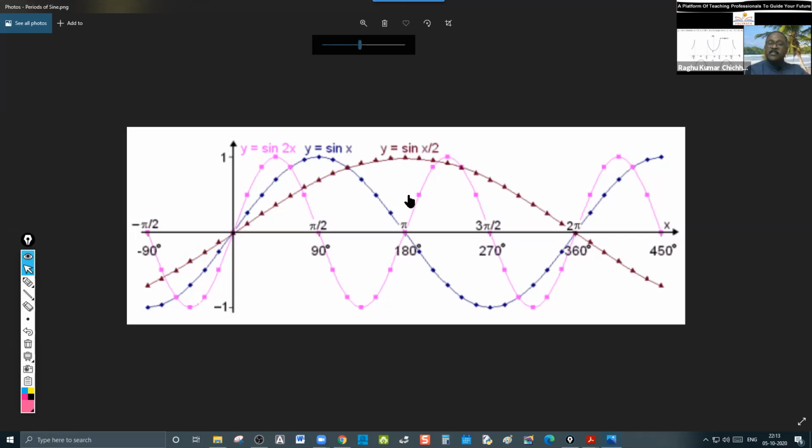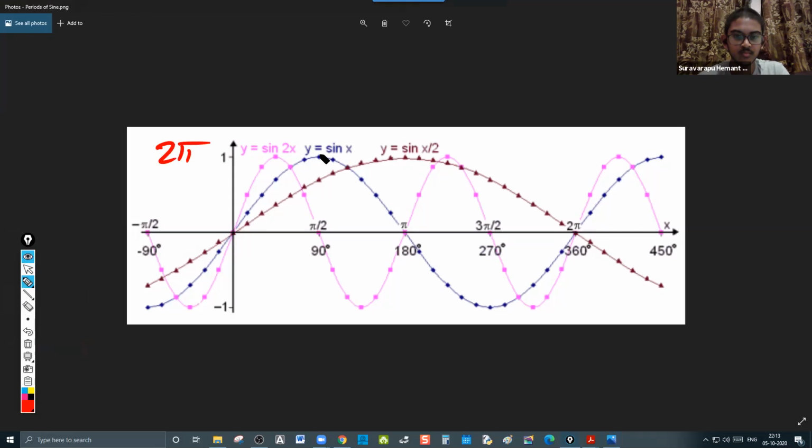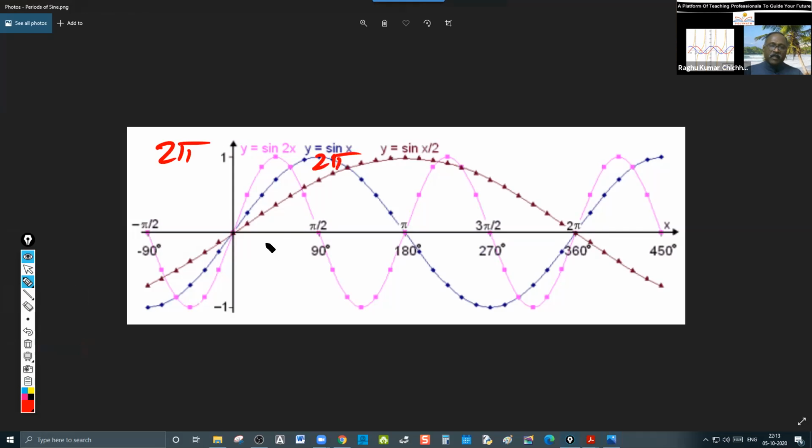So that's the reason why the periods differ like this. Further, in the advanced level, we'll be learning this. What is the period of the sine x function? I said 2 pi, no? Yes, sir. The period of the sine x function is 2 pi because whatever the shape is there between 0 and 2 pi is getting repeated. Periodically it is repeating, that is why its period is 2 pi. But what is the period of sine 2x?